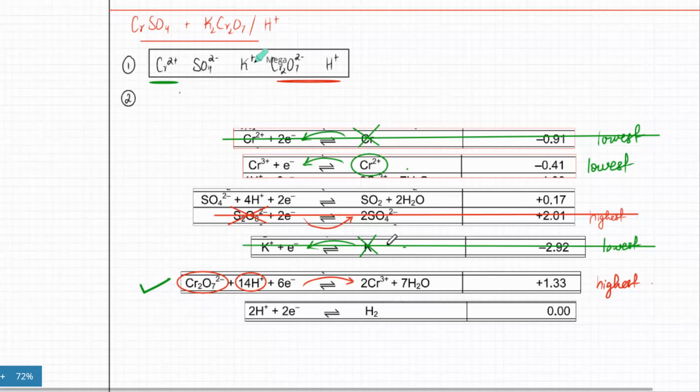So nothing wrong, this equation works perfectly. There's nothing wrong with it. So that's the one that's going to lose electrons. So I've basically been able to figure out my highest E naught and my lowest E naught, both of them. And I just need to put them together to make a reaction.